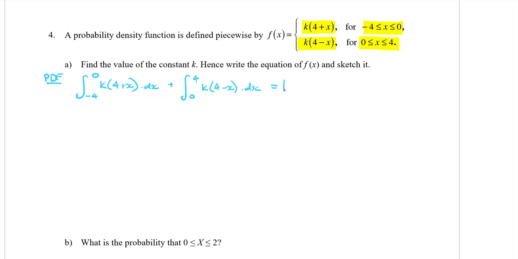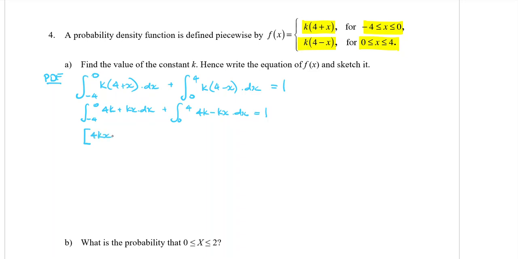All right, to integrate them, probably don't want the brackets in there, so let's expand out the brackets first. Between -4 and 0, it'll be 4k + kx, plus between 0 and 4, 4k - kx. To integrate, square brackets. Remember, I'm not integrating the k. 4k is just a constant, so when I integrate it, it will become 4kx.